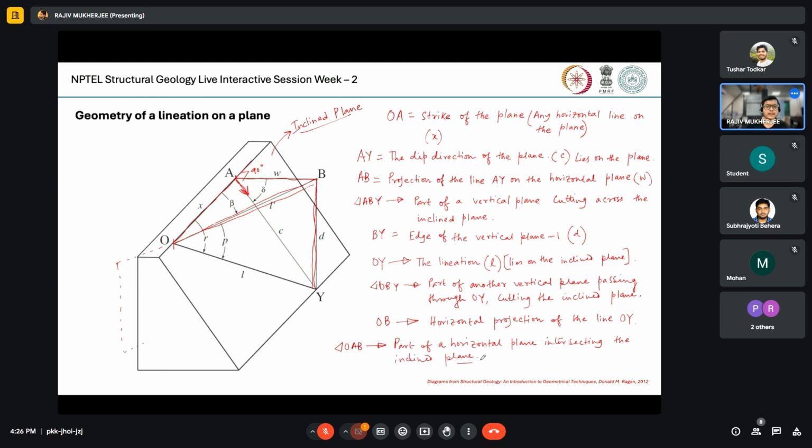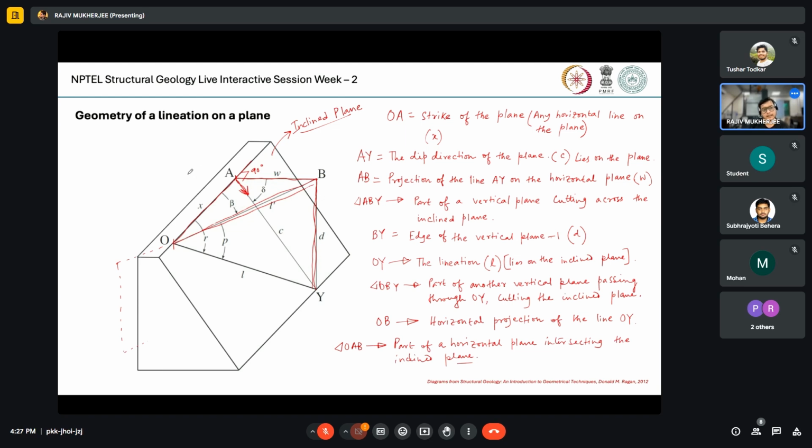So this is more or less the description of different lines lying on the plane, and we have also considered two different vertical planes that are imaginary planes. Of course they are passing through the lineation and the dip direction.